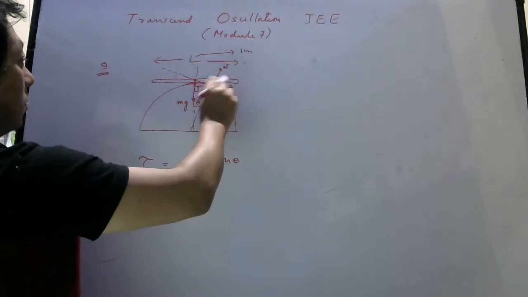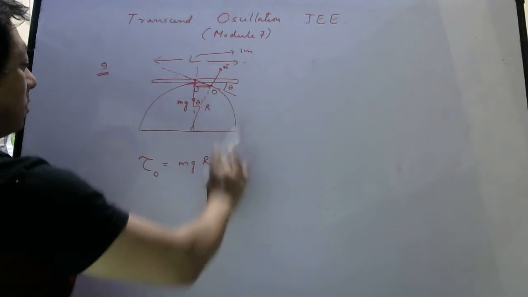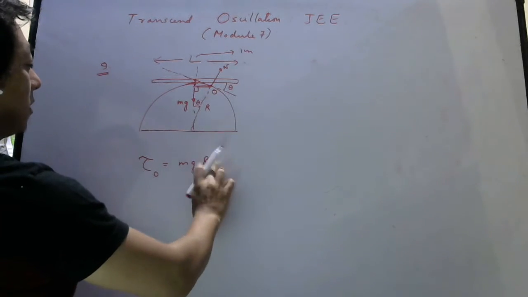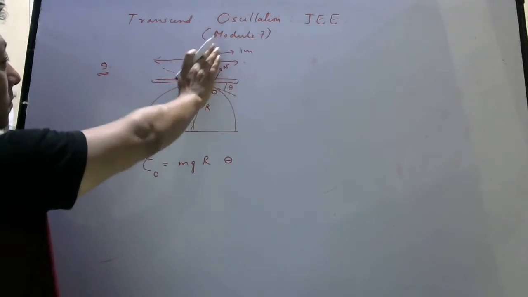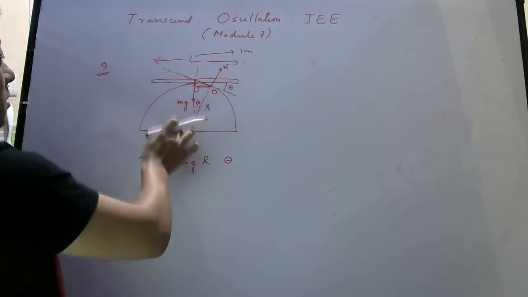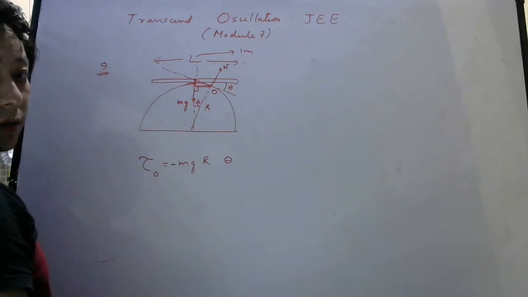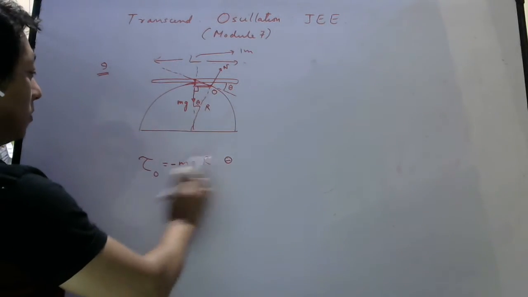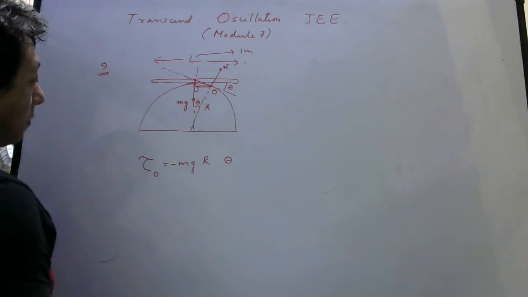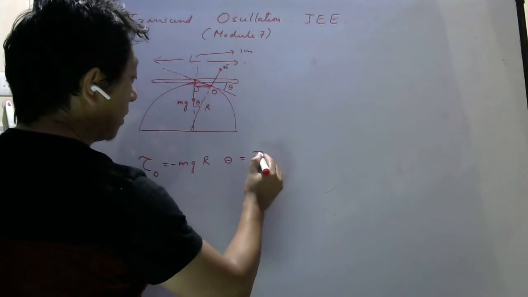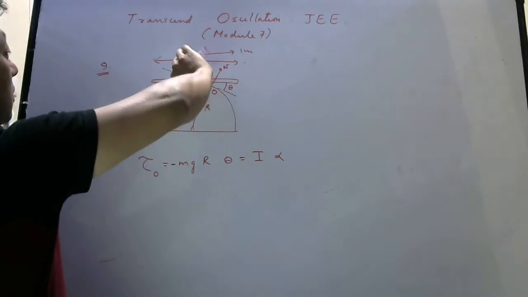Now SHM is always for small displacement, so if the angular displacement is very small, then sine theta can be written as theta. And theta is clockwise, the torque due to this mg will be anti-clockwise, so a minus sign will come. The sense of these two are in opposite directions, so minus. That should be equal to I into alpha. Now the scale is rotating this way, right?